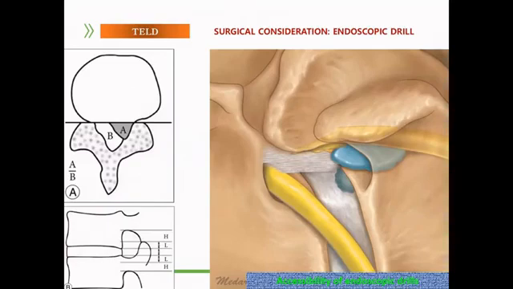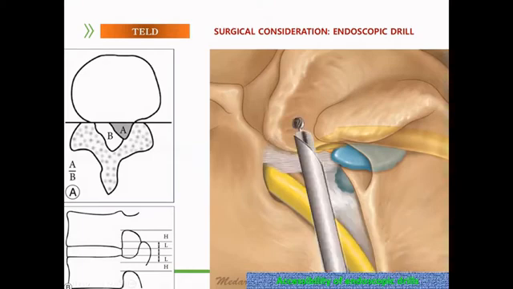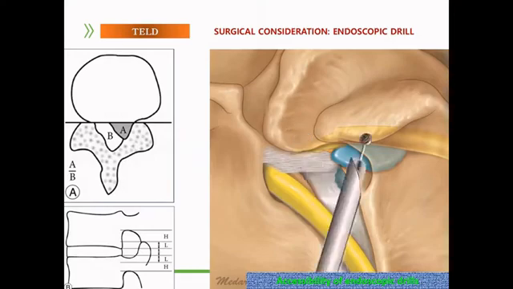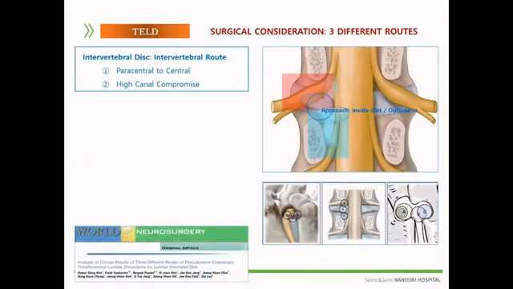The major obstacles of transforaminal endoscopic spine surgery, such as high canal compromise and high-grade migration, are all bony structures. Now, with the development of endoscopic drills, most of them are resolved. Another thing to look out for in the transforaminal approach is that there are three different approach routes.